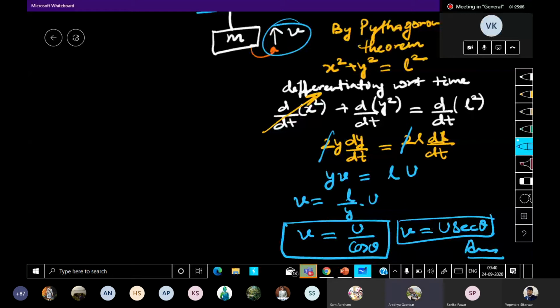Can you please explain again from the step 2y dy by dt is equal to 2L dL by dt? I cancelled the 2 on this side and the 2 on that side. Is it clear?